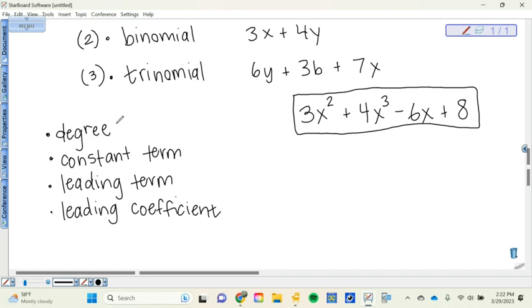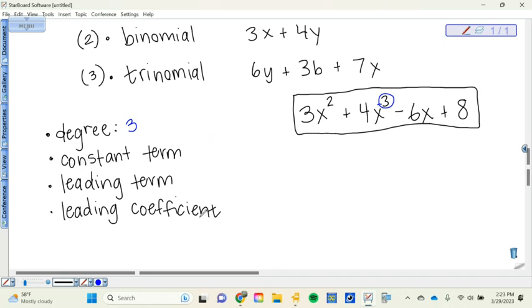So the degree of a polynomial is the highest exponent in that polynomial. What is the highest exponent you see in here? 3. That's the degree. So this is a 3rd degree polynomial, a polynomial with a degree of 3. You say that. Okay?